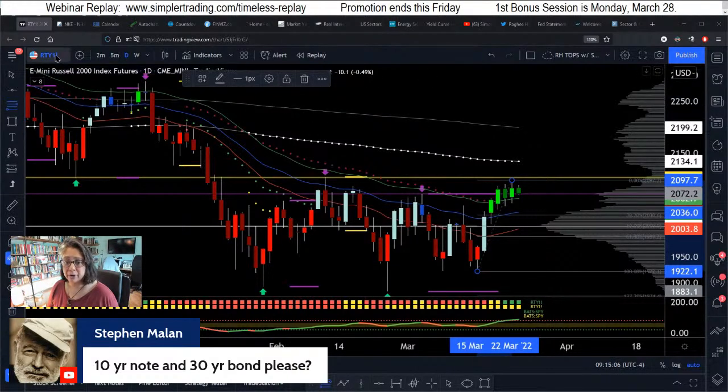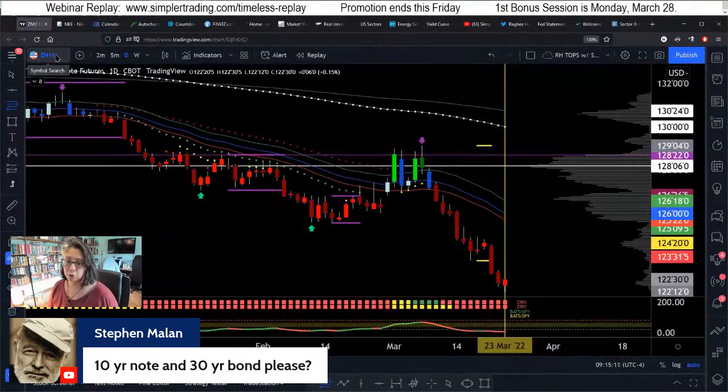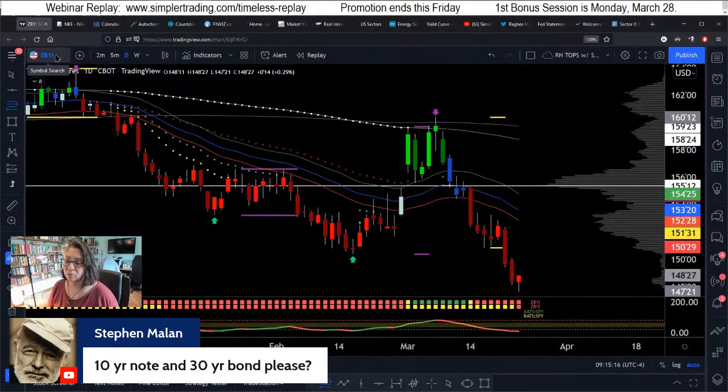All right. 10 and 30 year. We want to continue to find opportunities to short the rip. Neither is even within the neighborhood of the zip code of what we're looking for, but we've had a bearish take on this. Look at the red grab candles. Look at the structure of the JT multi-trend. Look at how long we've been south of the 200. So yes, Stephen, I do want to short rips. We just need an opportunity. That's really it.